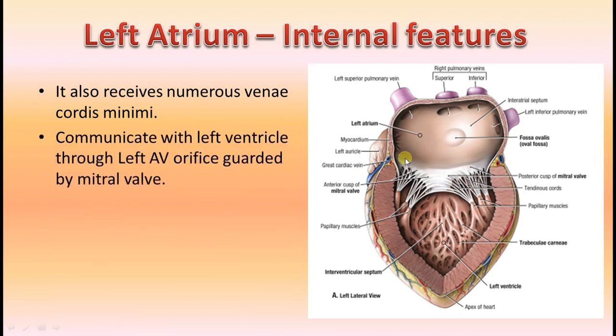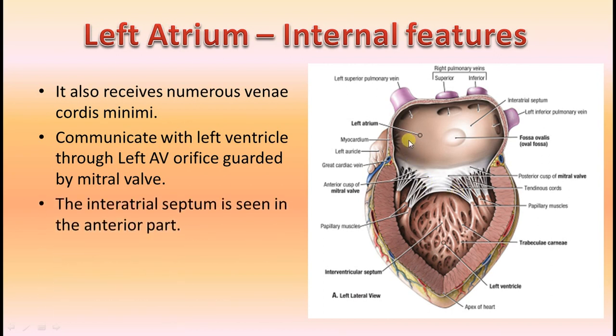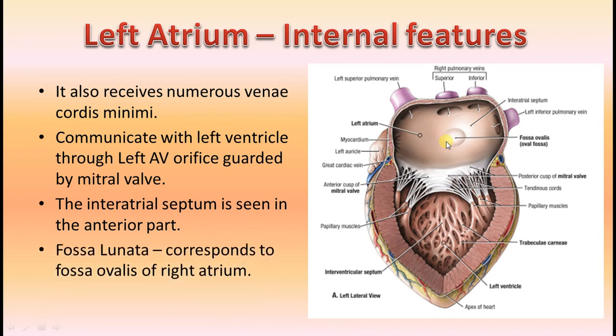The left atrium communicates with the left ventricle through the bicuspid valve. It has only two cusps, so that is why it is called the bicuspid valve or the mitral valve. Then you are able to see the interatrial septum. In the interatrial septum, mainly what you are able to see is the fossa ovalis, here seen in the form of the fossa lunata.